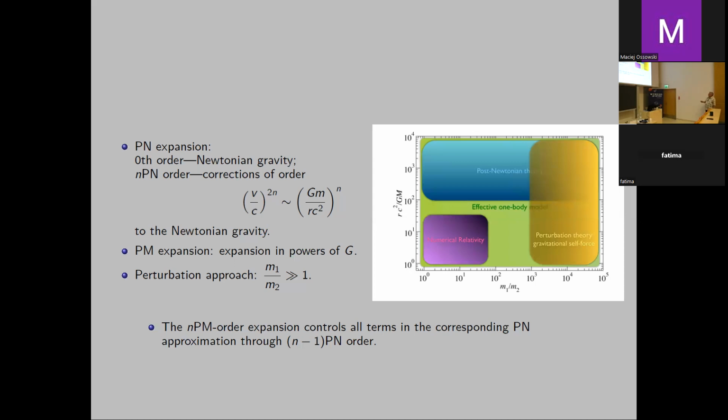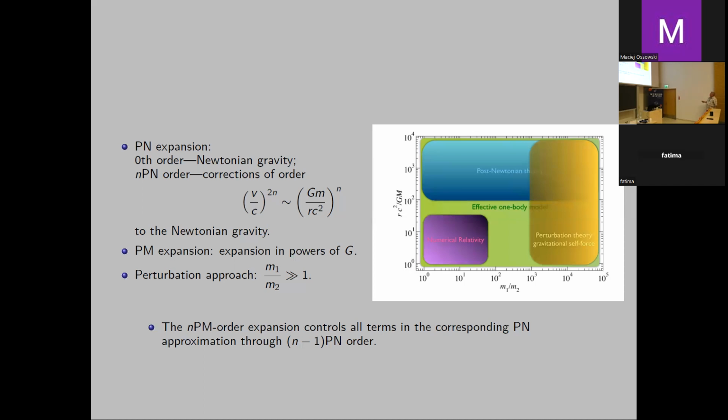And here we have a picture which shows graphically the region of validity of different approaches. So we have numerical relativity, for not large mass ratios and not large distances. Then we have perturbation theory based on the self-force approach.